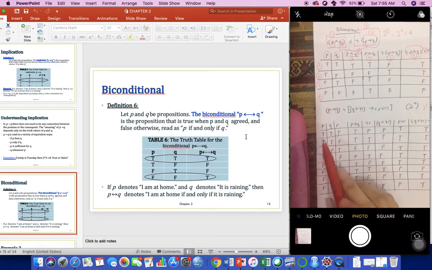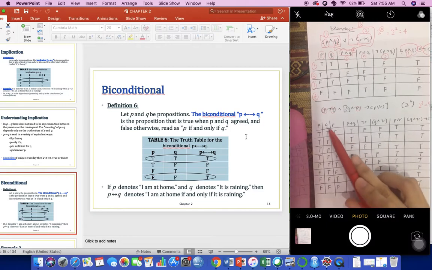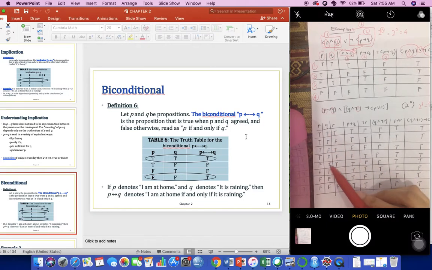So here we have 8 rows: 1, 2, 3, 4, 5, 6, 7, 8. For P, true, true, true, true, false, false, false, false. For Q, true, true, false, false, true, true, false, false. For R, true, false, true, false, true, false, true, false. You must write like this.